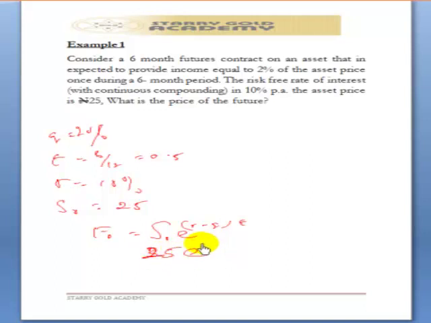What's our R? R is 10%, 0.10, minus 2%, 0.02, everything to time. What's our time? 0.5. So 25 into what? 0.10 minus 0.02, 0.08, into 0.5.